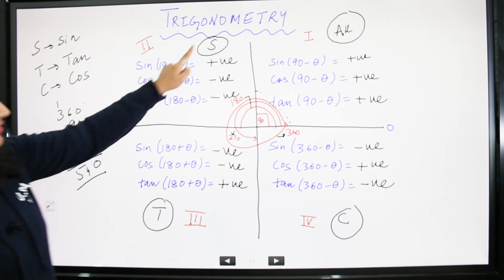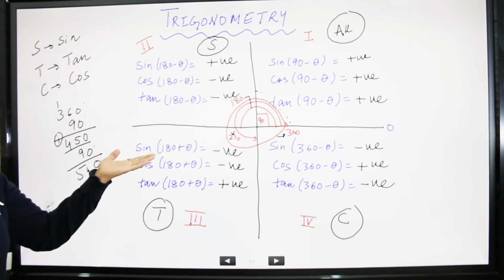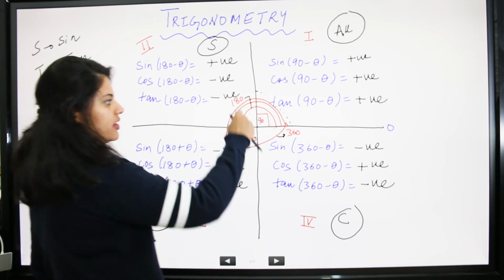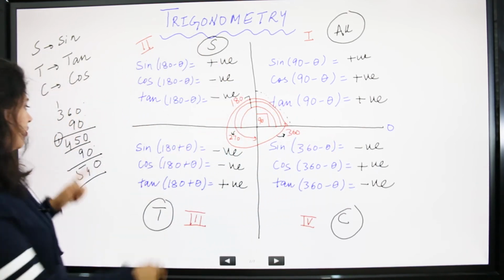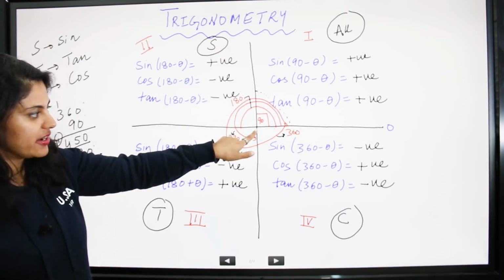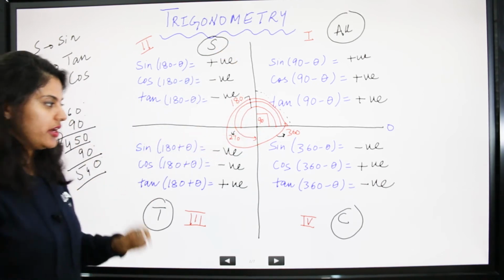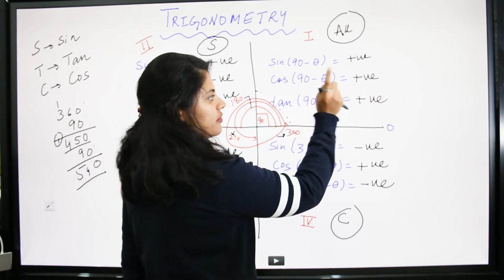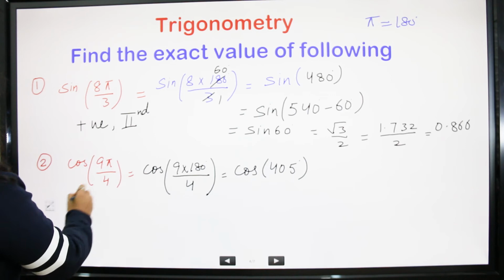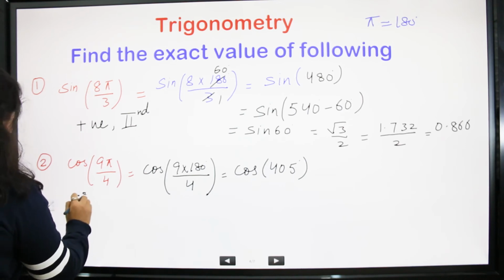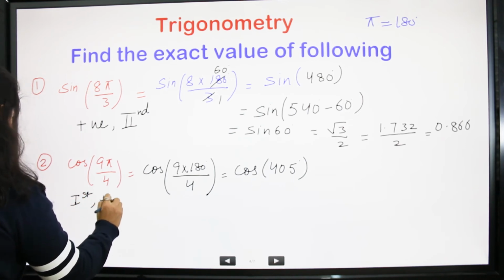So 405 we're going to check. 450 is still here, so that means it is in the first quadrant. So the first quadrant means more than 360 degree but less than 450 degree, which we have found till here. Okay, so 405 lies in the first quadrant. We are talking about the cos, and cos is positive in here. So you can write for this one, it is in the first quadrant and it is a positive value.